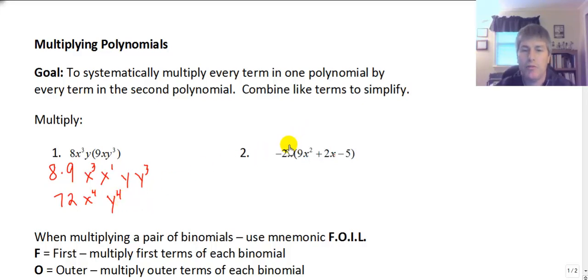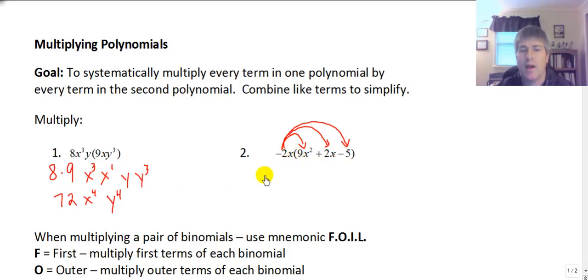In sample problem number 2, we're multiplying a monomial, negative 2x, times the trinomial 9x squared plus 2x minus 5. We have to make sure that we apply the negative 2x to every single term inside the parentheses. So negative 2x times 9x squared, very similar to sample problem 1.